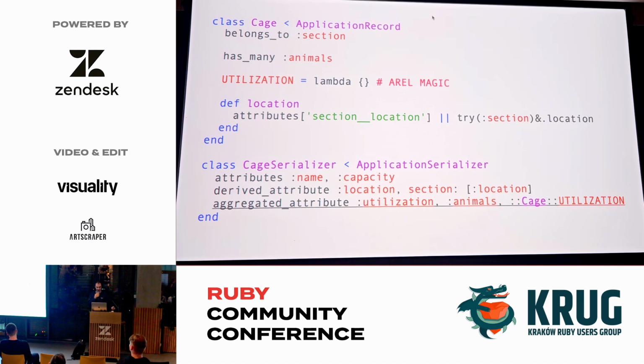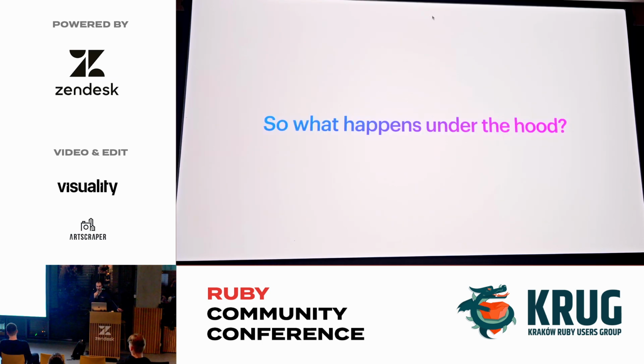So the cage has some animals, and you specify some kind of Arel magic that does the join and aggregation for you. Join, not the aggregation. I don't really want to go into the details here because it would take like half an hour and it would hurt your head. You guys here will probably talk about it later. So we have these simple fields. There is a bit more, but I would like to talk about what happens under the hood.